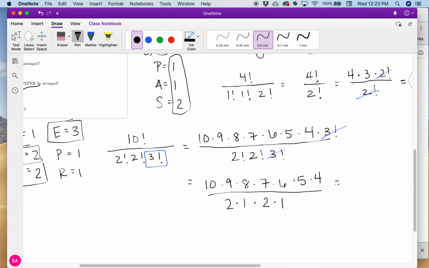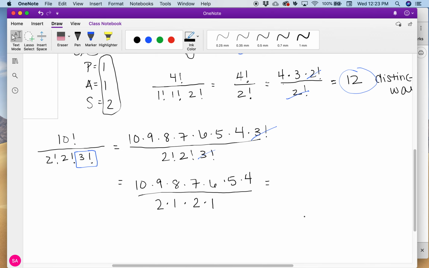And at this point, you can just multiply the top, and then multiply the bottom, and then divide your answers. By all means, you can do that. I'm a mathematician, so I like to cancel things out if I can.